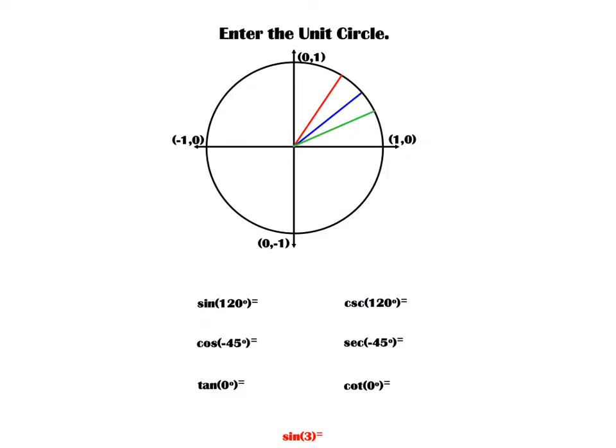So here enters the unit circle, and we said that the radius of each of those triangles, the red, the blue, and the green, were all 1. So this point right here was really a triangle that was forming an xy coordinate, an ordered pair. We said that the cosine of 60 was 1/2.